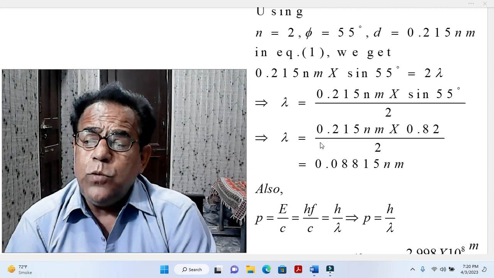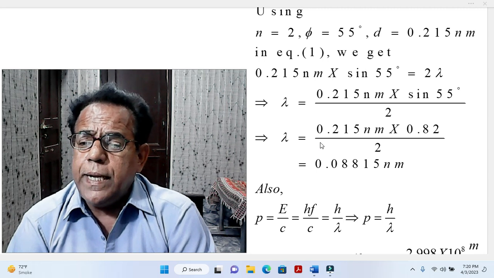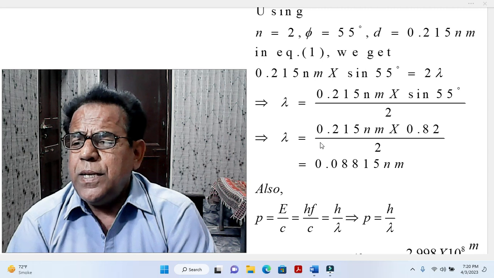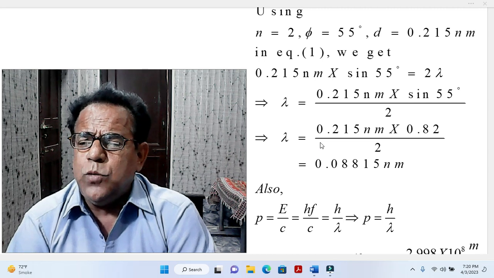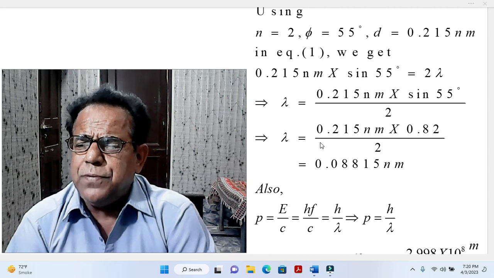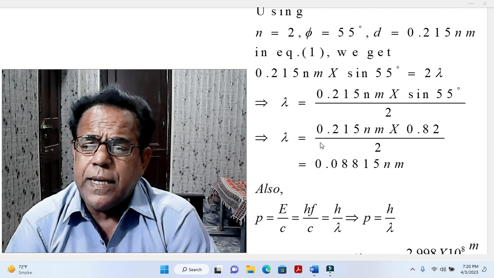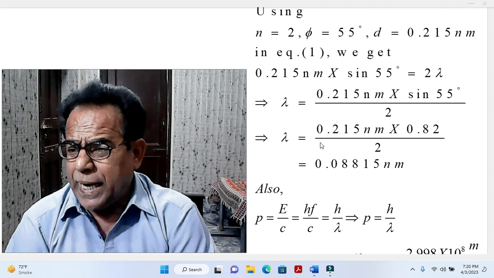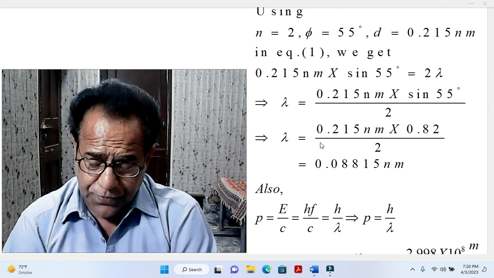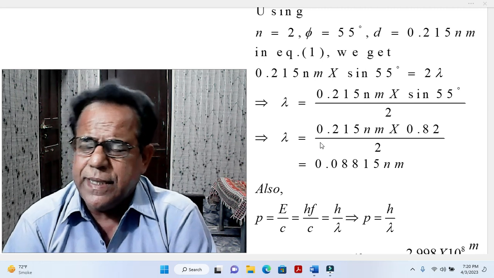Dear students, the value of sine 55 degree is 0.82. In lower classes I do not remember which method we used to find the value of this sine 55. Definitely we used a scientific calculator, mostly fx82, etc. From that calculator we used to find out values of sine of angles.